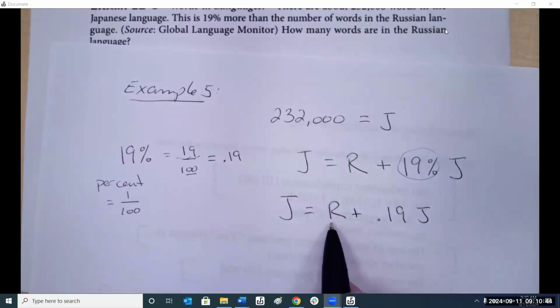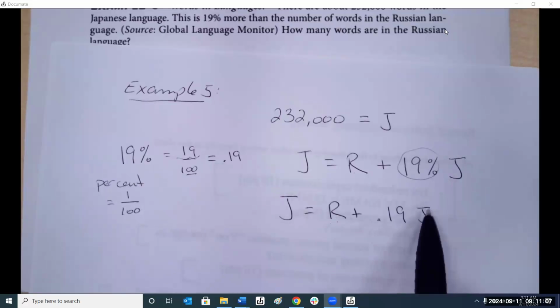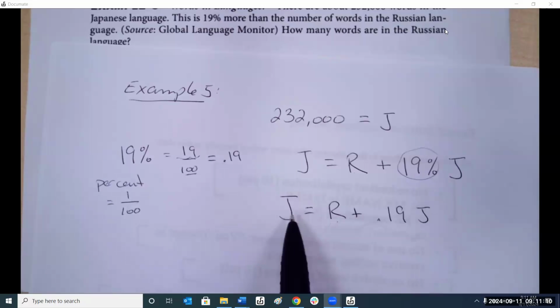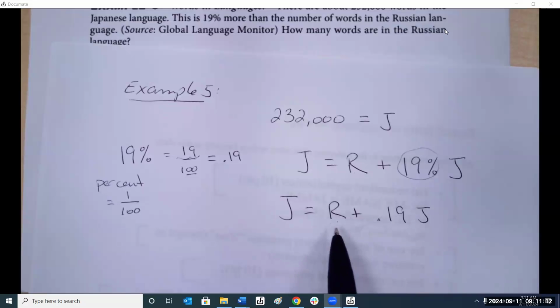So how do we solve for R? What do we have to do? We plug in. No, we're not yet. We have to solve for R first. How do we get R by itself? There's no 232 here. We're just looking at this equation right here. We're trying to get R by itself.